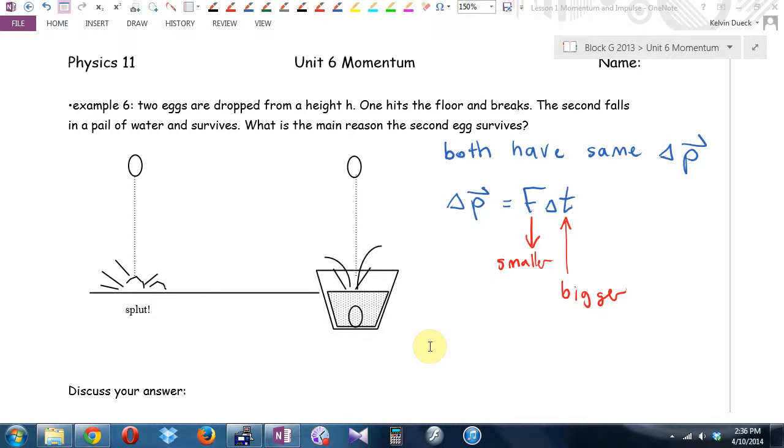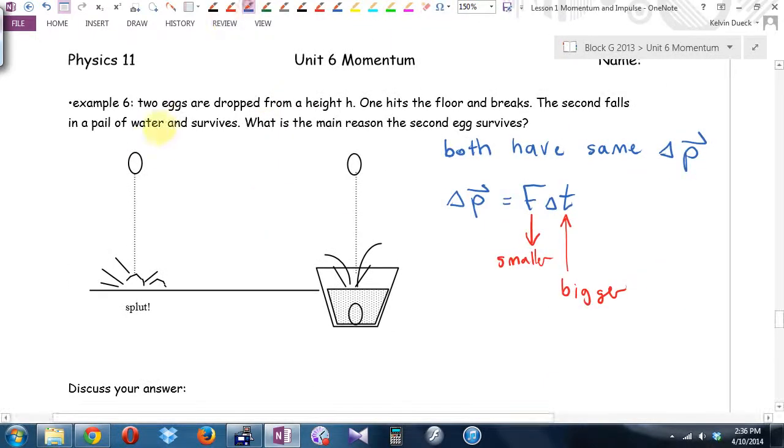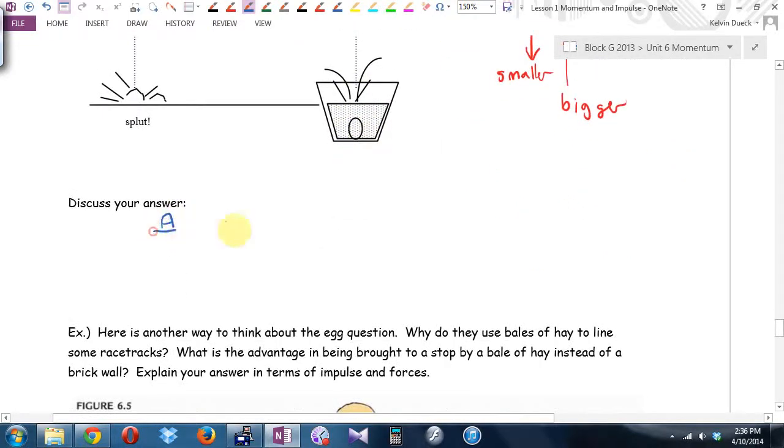And it's because of, well, let's call this situation A, situation B. So situation A, situation B. In both of them, the change in momentum is force times time. But in situation A, little time means huge force. In situation B, big time means little force.